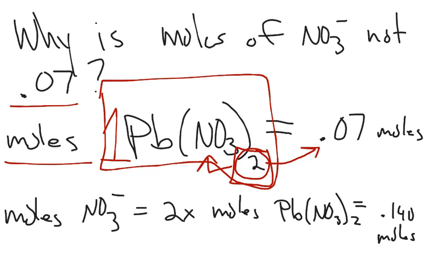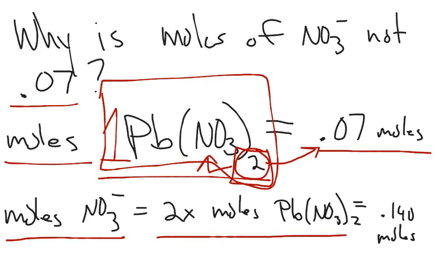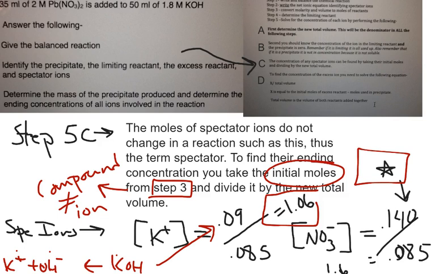So the moles of Pb(NO3)2 do equal 0.07, but the moles of NO3 minus are equal to 2 times the moles of Pb(NO3)2, and so the value is 0.140. So we take that 0.140, put it in this expression, and we get the answer is 1.6. So there's another concentration of NO3 minus: it is 1.6.